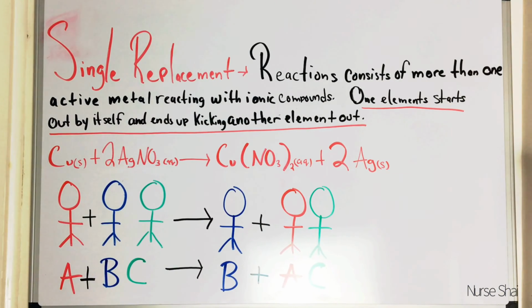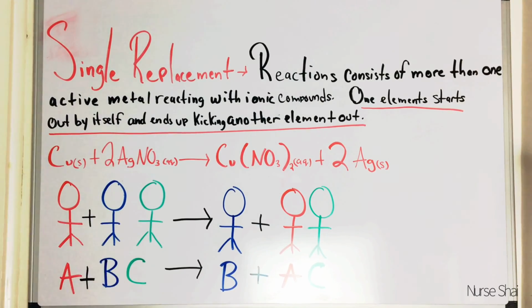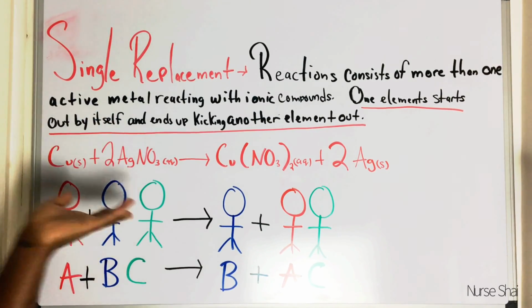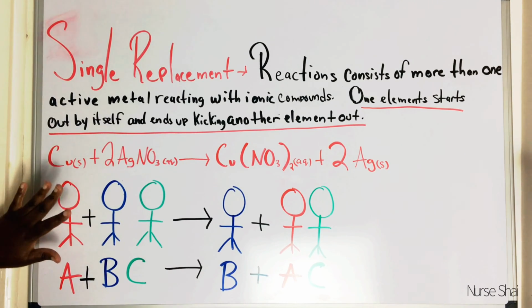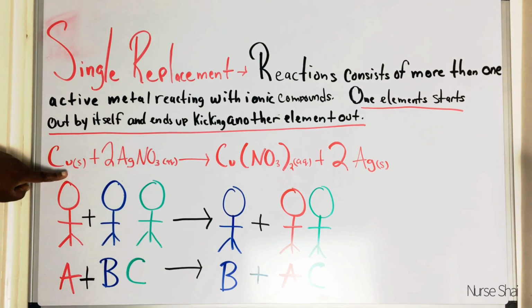Simple. Okay, the next type of chemical reaction we have is single replacement. These are reactions that consist of an active metal reacting with ionic compounds, which means one element starts out by itself and ends up kicking another element out. So we have some examples here and also some illustrations to help you understand what a single replacement reaction is. We start off with copper.